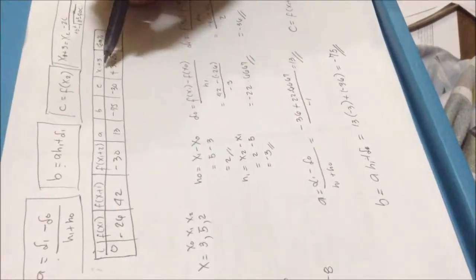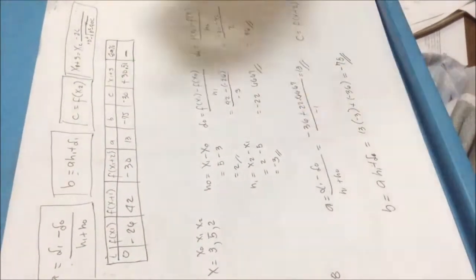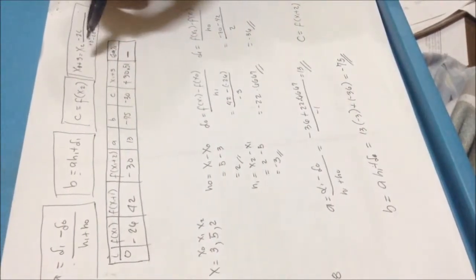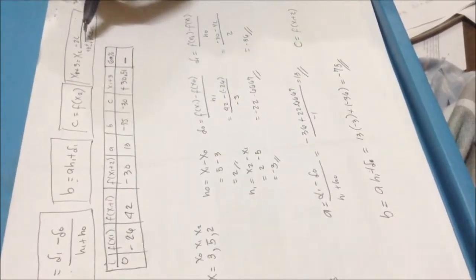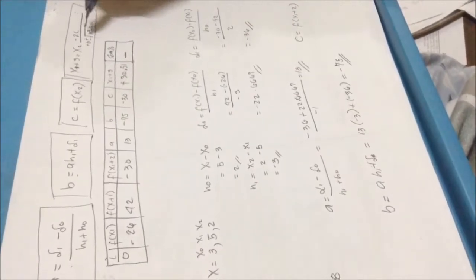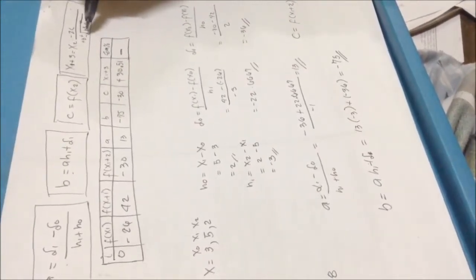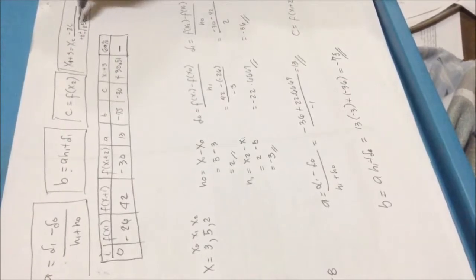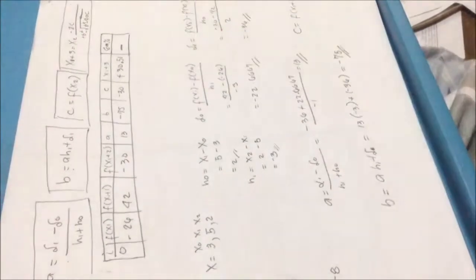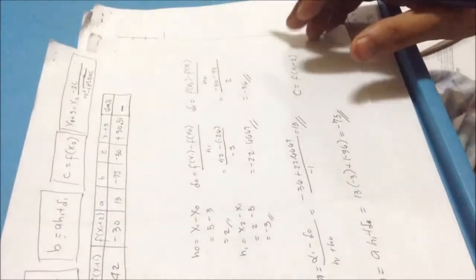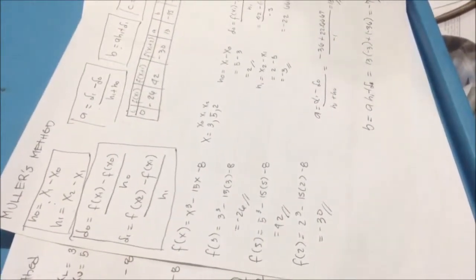So to get the f of x1 plus 3, just use the formula x sub 2 minus 2c over positive or negative b, the square root of b squared minus 4ac. So by substituting all the formula, we can come up with the answer of 30.51.